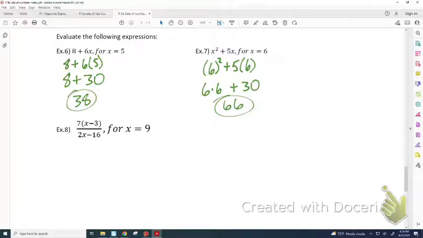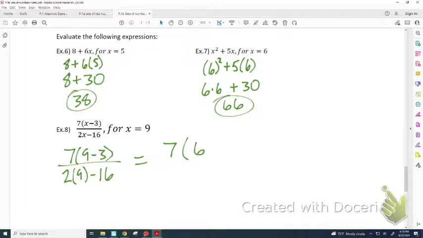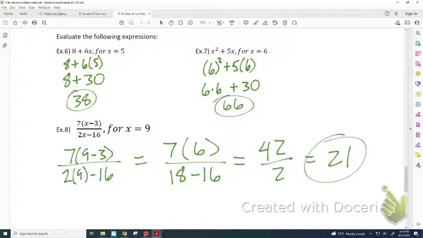Let's plug in the 9. So go in small steps here, easy to mess up. And finally, we get 21.